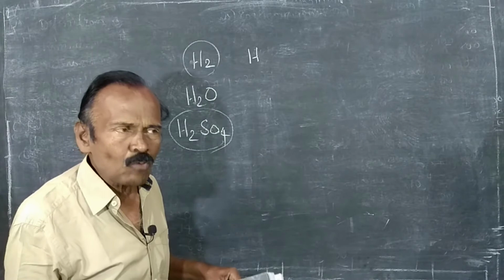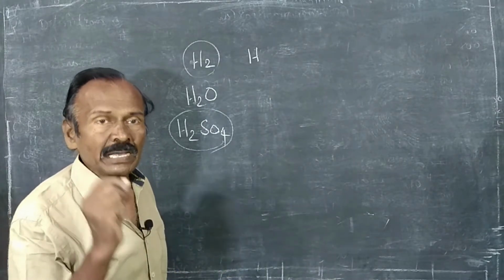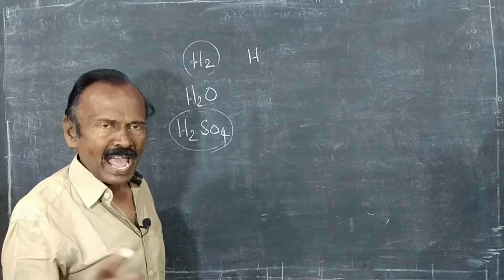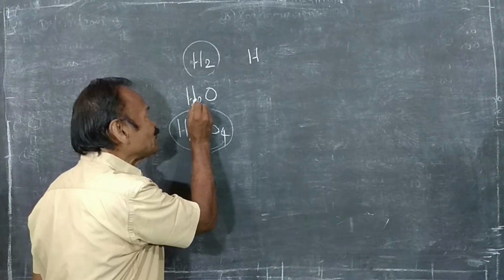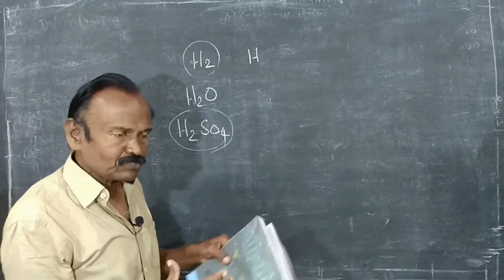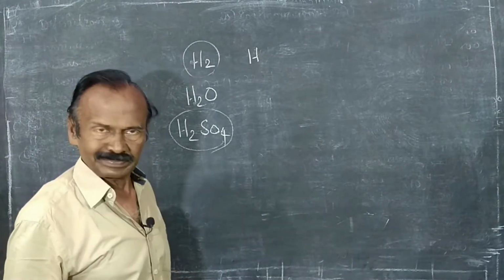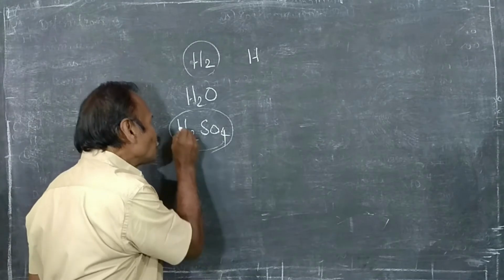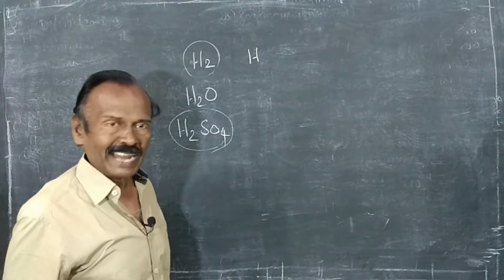How do these atoms combine? There is a chemical bond or an attractive force. Here there is an attractive force between hydrogen and oxygen. This force makes the water molecule united. Here two hydrogen atoms, one sulfur atom, four oxygen atoms.